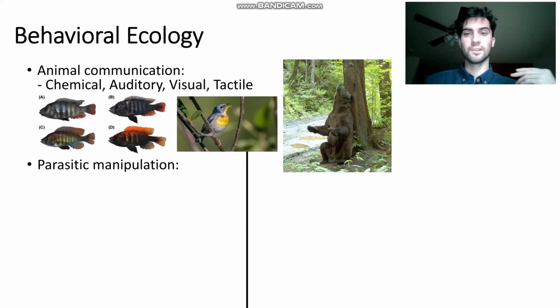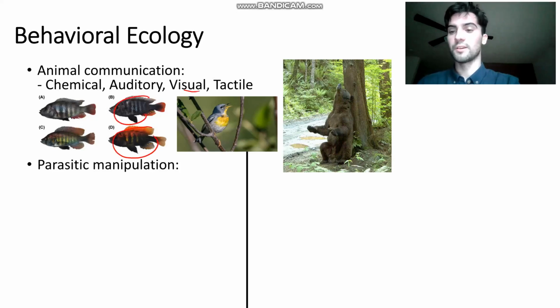There is always this dance, this exchange of energy. So we have visual communication. In this case, the males are communicating with the females by the colors, and females will or will not be able to take their message. And if they are, then they will mate and they will keep the species going.